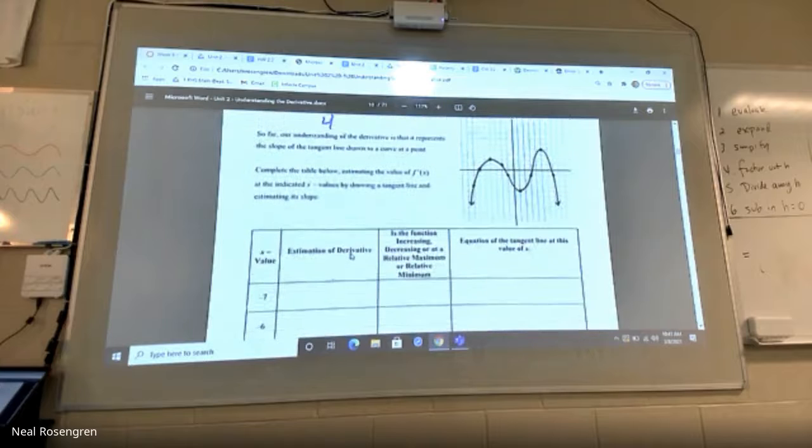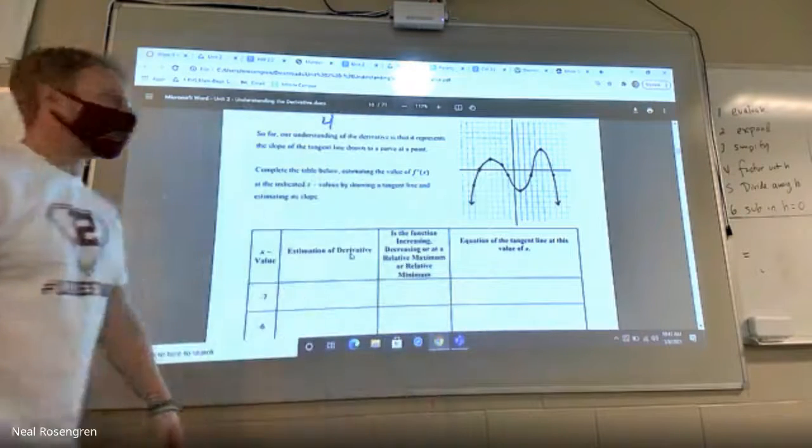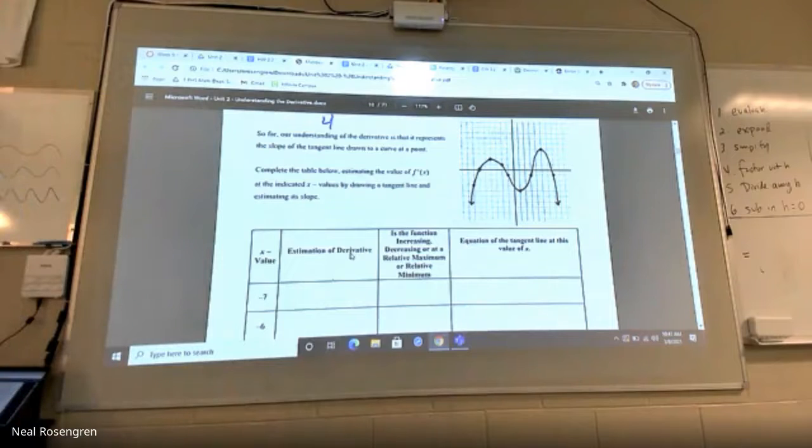When they say that, as I walk along this path, am I going up? Am I going down? Or did I hit a peak or a valley? If you're right here, in that moment, what are you doing? Are you increasing? Are you decreasing? Are you at a relative max, or a relative min? Going up, right? I am literally walking up this hill because I move from left to right.